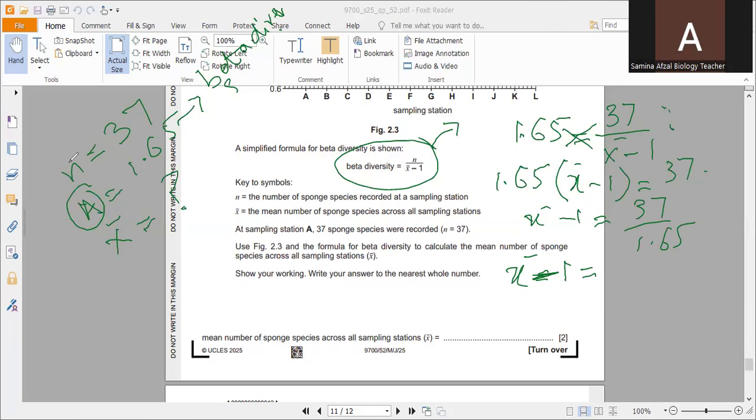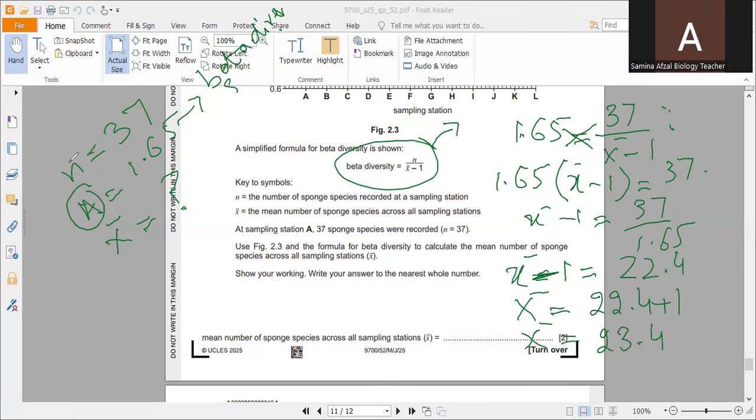If we make use of the calculator, we divide 37 by 1.65, so it is equal to 22.4, and x bar will be 22.4 plus 1, which is equal to 23.4.